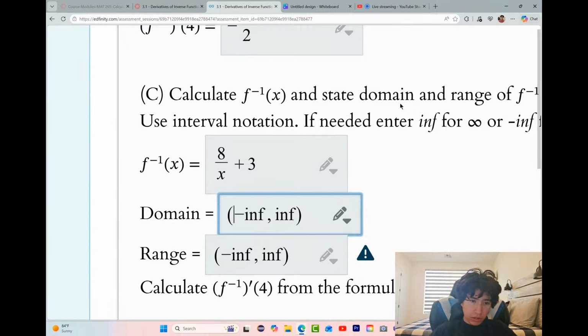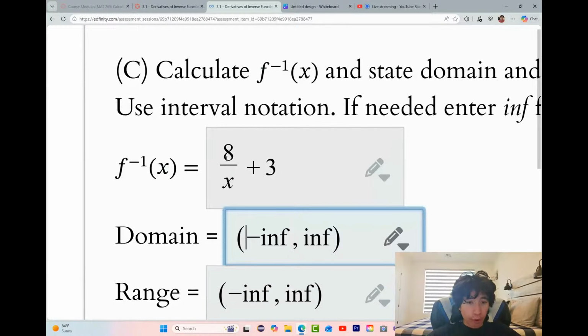I mean, I understand what the domain is, but why is this wrong, dude? If I plug in 0, A over 0, that's going to be like infinity, isn't it? Or like undefined? Oh, wait, no. I think I can't do that though. Or no?